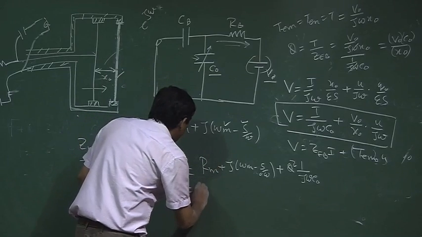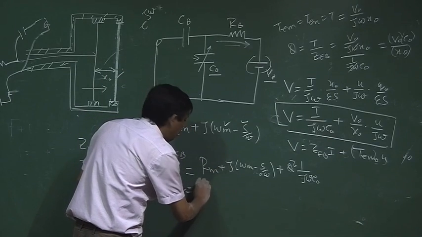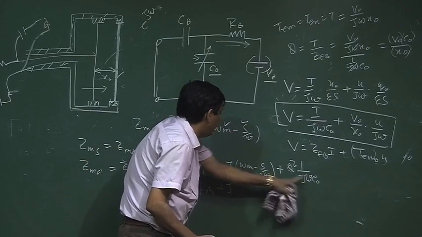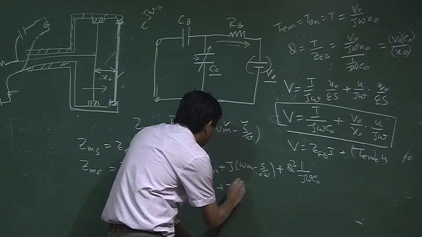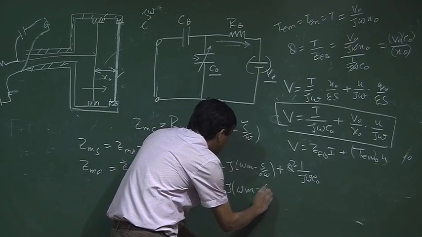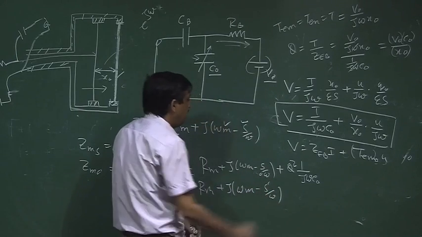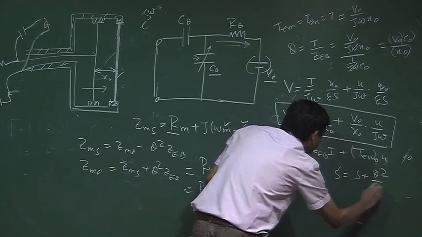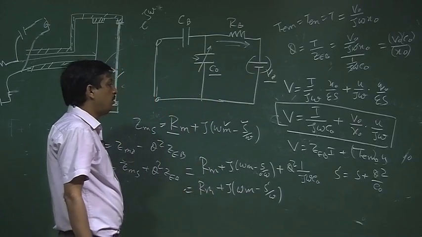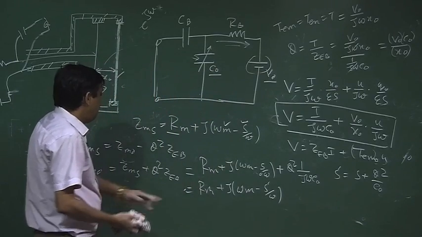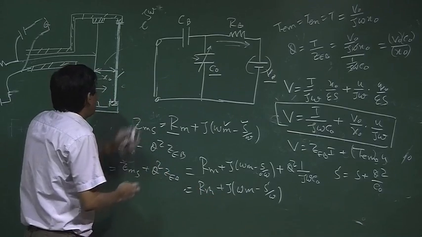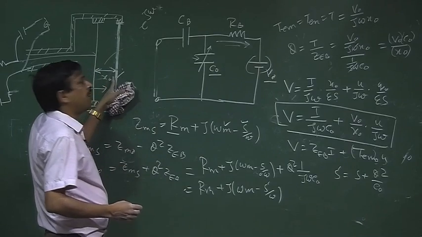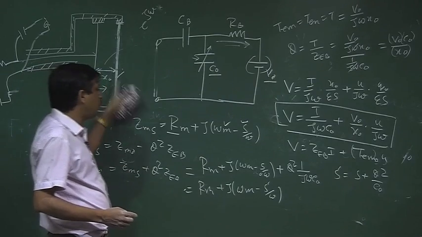If I add this, I can say Rm plus j omega m minus S dash by omega, where S dash is S plus phi square by C0. It changes only the stiffness. So, mathematics shows that as soon as I open the short circuit condition, the stiffness of the diaphragm changes to S dash.